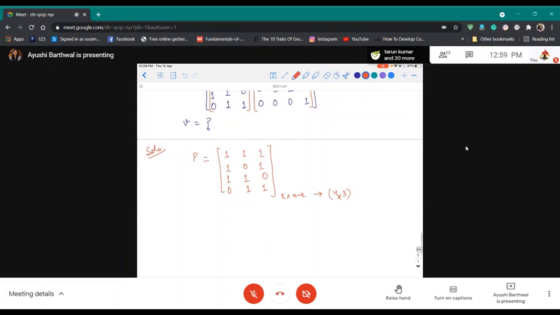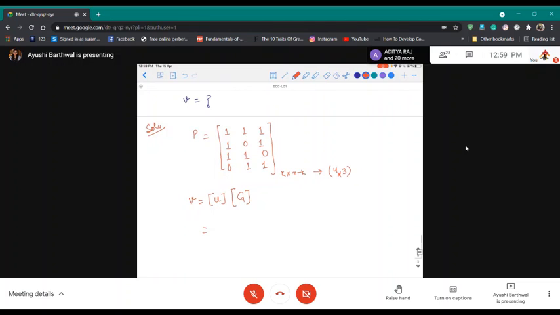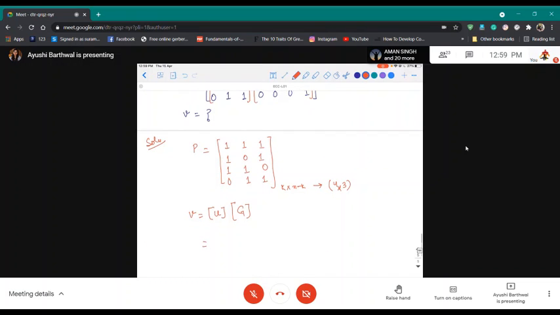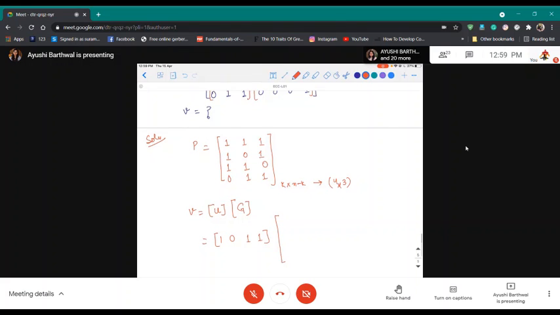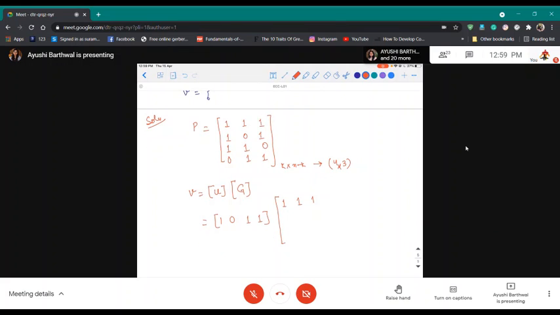And the valid code word will be given by U into G, where U is given to you as 1011, and G is the generator matrix.